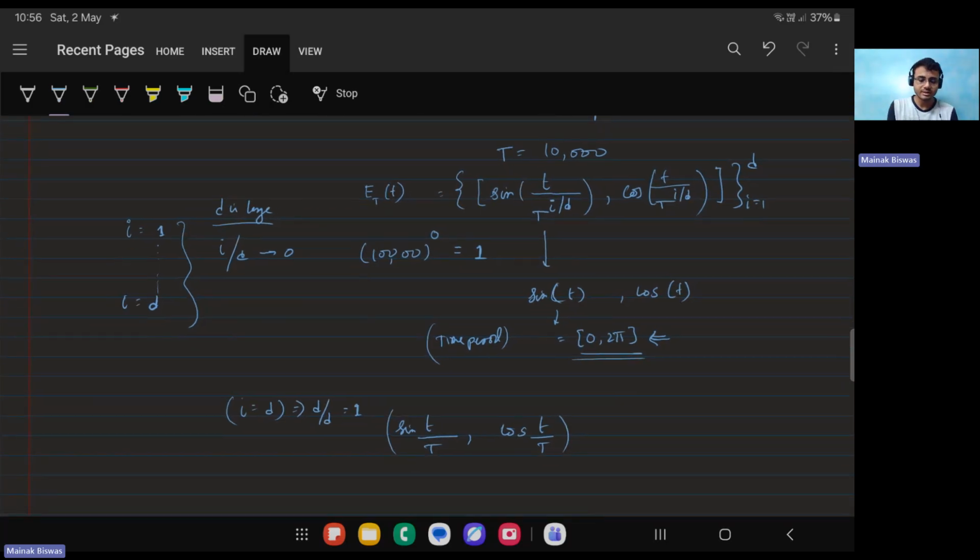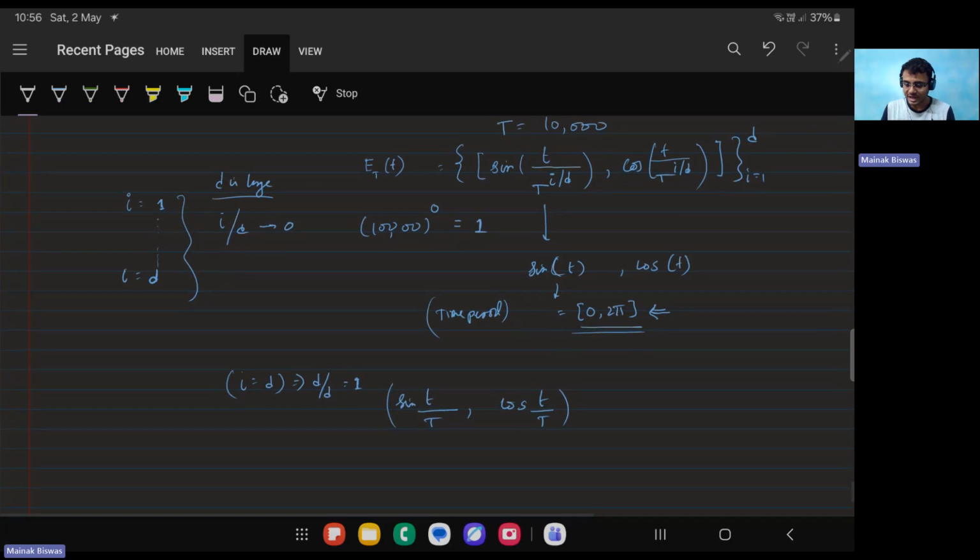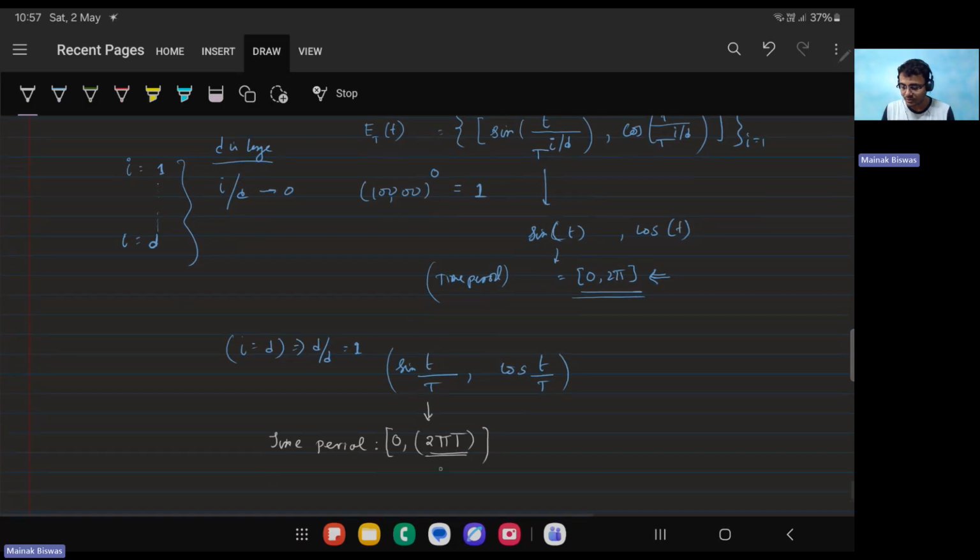It would mean that your time period here is going to be 2 pi capital T, so it fluctuates between 0 and 2 pi capital T. You can clearly see this is 2 pi into 10,000, and it is over very, very long sequences that the time period will complete.